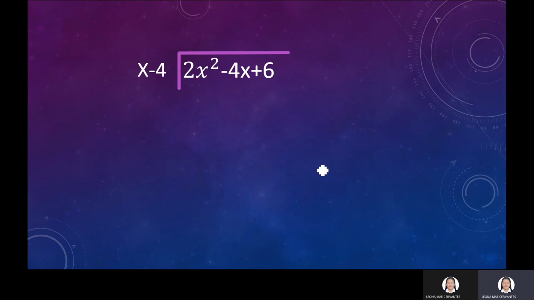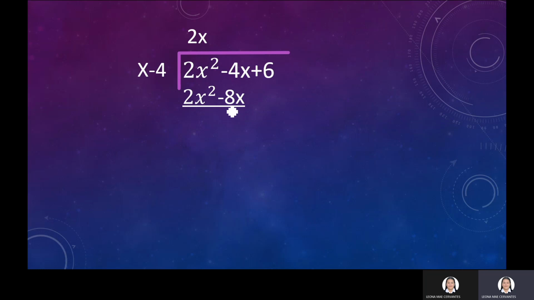So, 2x squared divided by x is 2x. Then, 2x times x, 2x squared. 2x times negative 4, negative 8x.